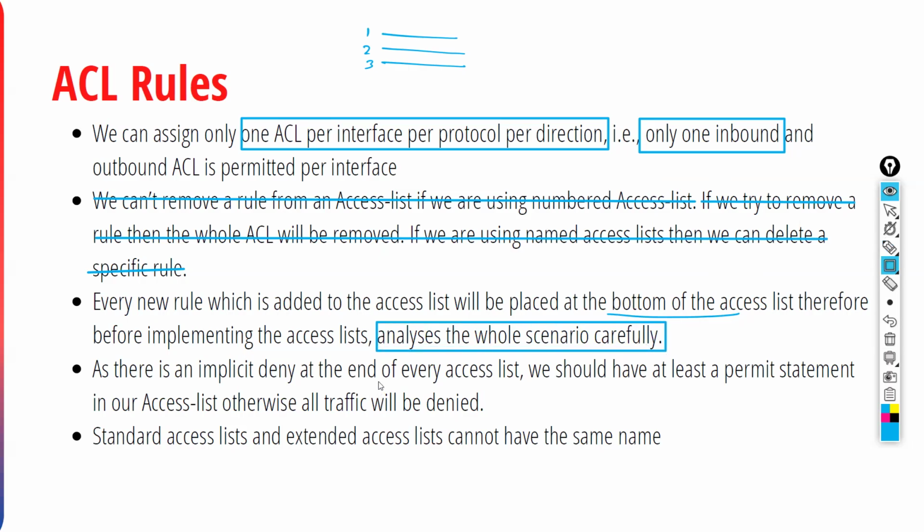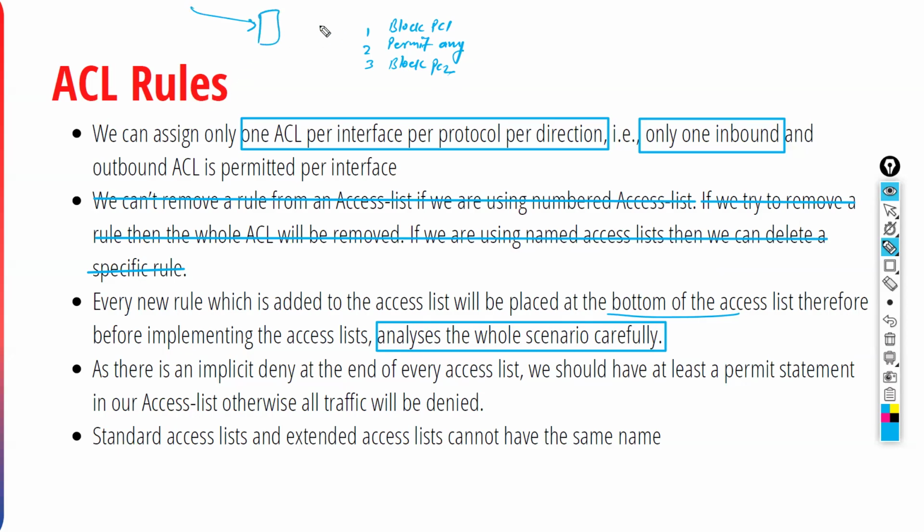Why? Because there is a possibility that I say I want to block PC1. Then in the second rule I say permit any, which means permit everything. Then in the third rule, I say block PC2. So what will happen whenever the traffic hits the ASA interface?